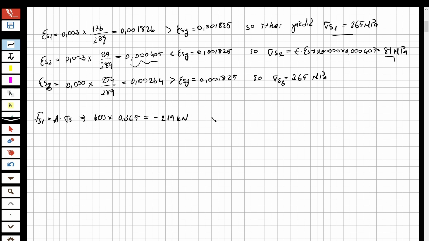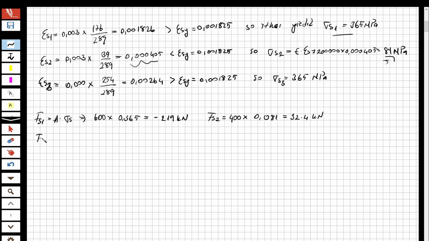So let's do it for the second steel. FS2 is equal to, let's check what is the area. Area was 400 millimeter square, and multiplied by the stress of the steel, which is 81 megapascal, so 0.081, and this is going to be equal to 32.4 kilonewton as the compression force.